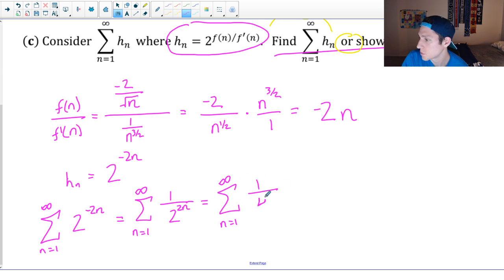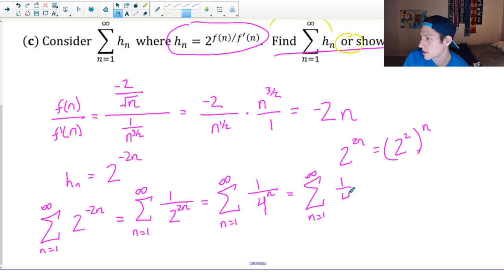Two squared is 4, so this would be the same thing as 4 to the n. Right? 2 to the 2n is the same thing as 2 squared all to the power of n. It's just a property of exponents. So actually this is 1 over 4 to the n. And then actually that is the same thing as 1/4 to the nth power.